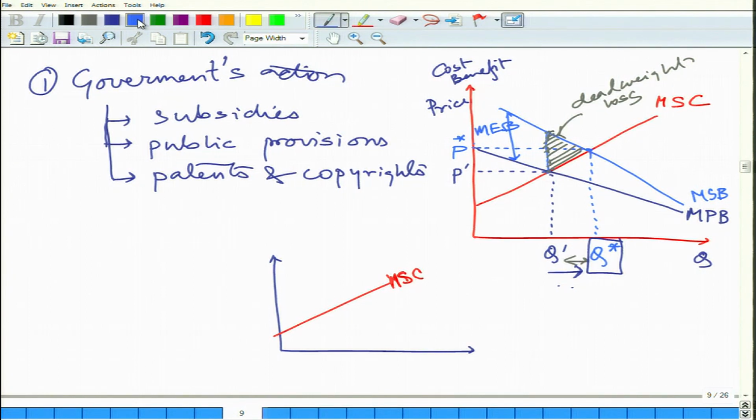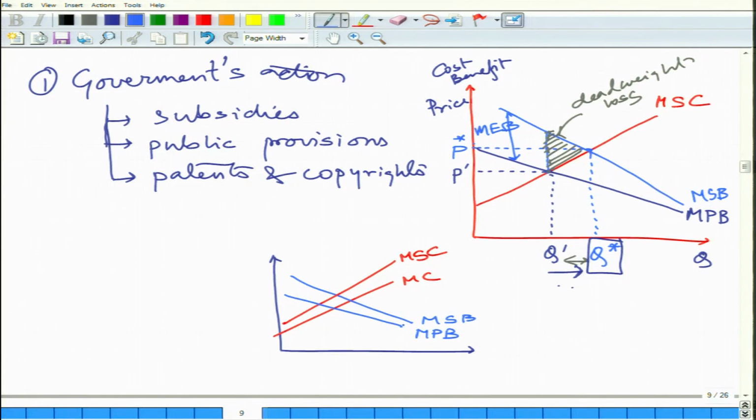Eventually, there can be a condition where my marginal social cost is something like this, and maybe this is my marginal social benefit. The marginal cost can also shift, it will increase, and maybe my marginal private benefit can also increase.